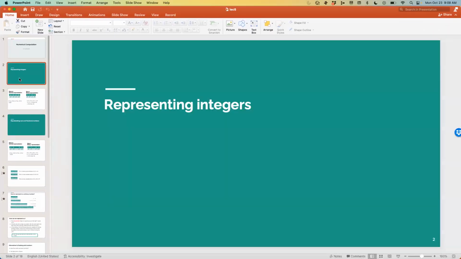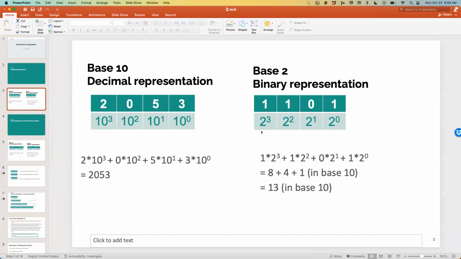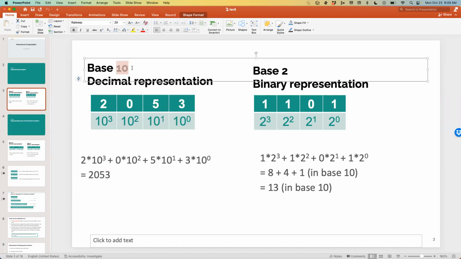We want to represent integers as strings of 0s and 1s. So let's look at base 10 decimal representation. This is what we use every day, where 2053 is represented in what we call base 10, okay?